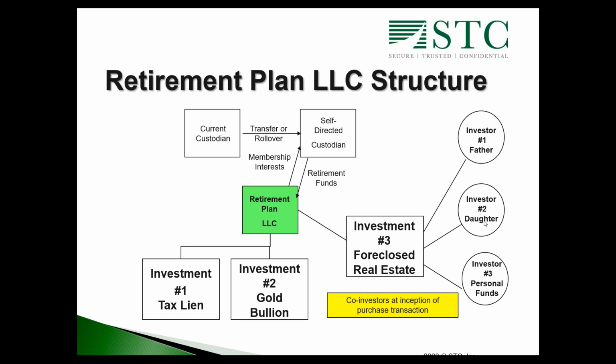Normally, these 3 parties are disqualified persons to your retirement account. But notice this yellow box. As long as you co-invest at the inception of the purchase transaction, this is a permissible transaction. So if you're interested in doing something like this, our client services department can walk you through how documents are structured and titled, so that you can do this type of transaction, because we can help you with that.